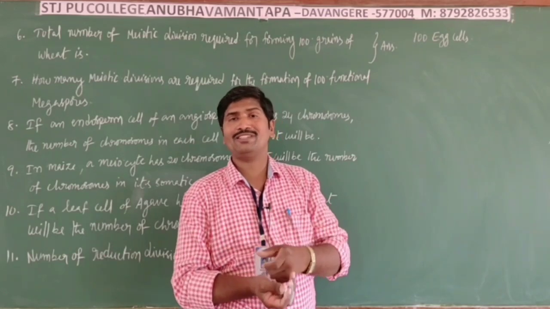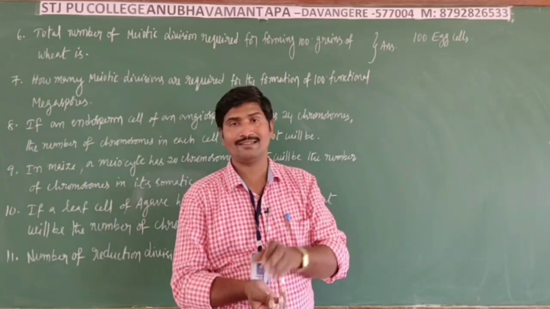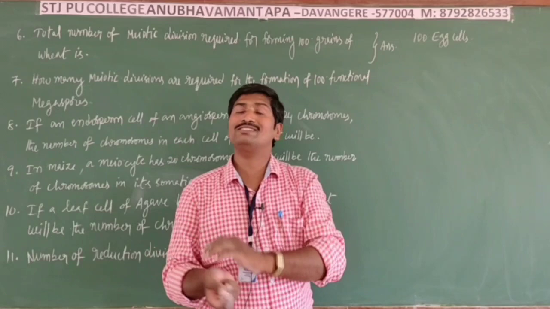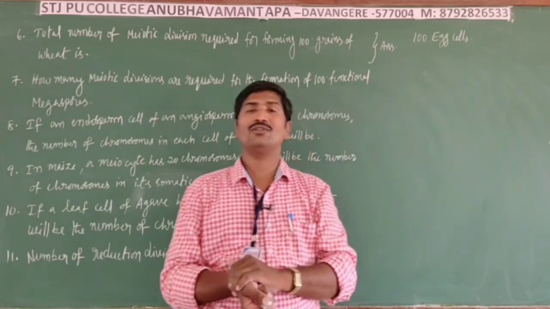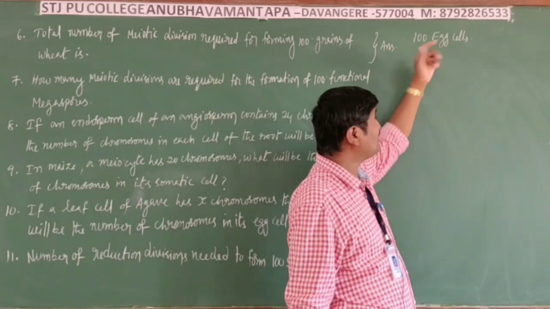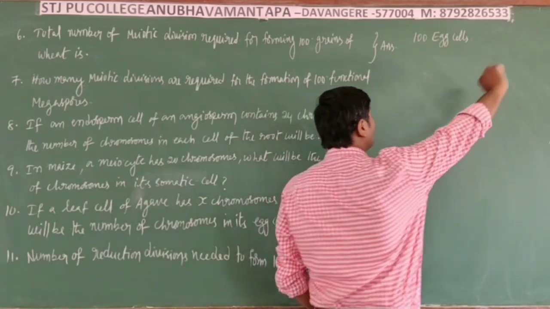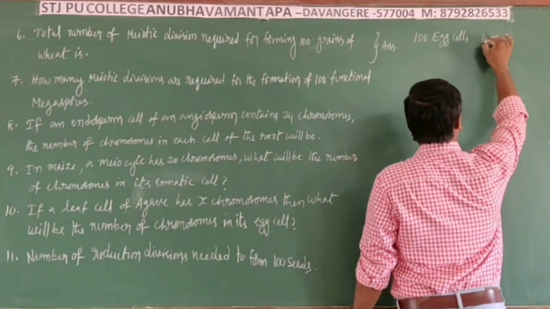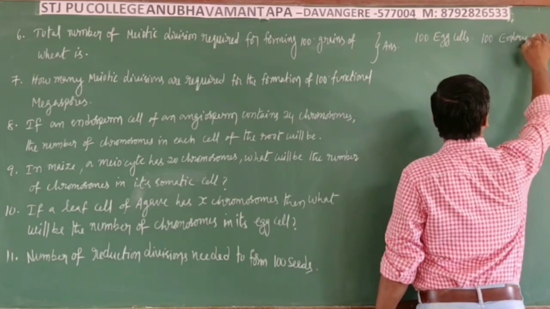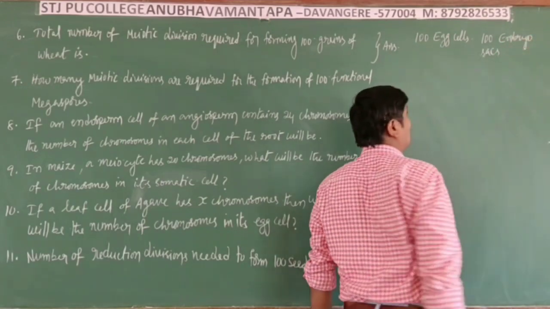The structure of the embryo sac contains only one egg cell, on either side synergid cells, central position polar nuclei, central cell, and towards the chalazal end 3 cells of the antipodals. That's why 100 egg cells are required for the formation of 100 grains. Even 100 embryo sacs are also required.